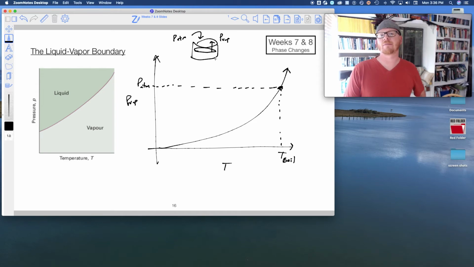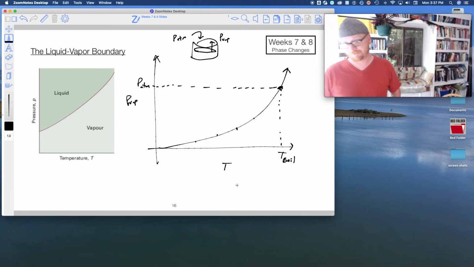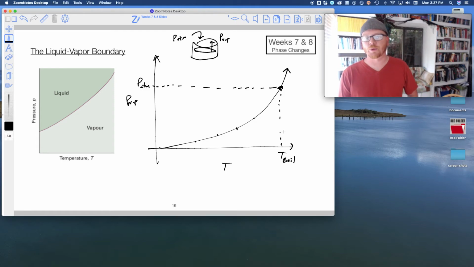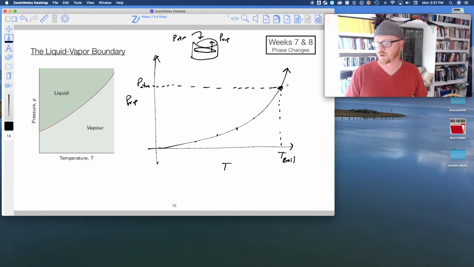But what about when the vapor pressure is not equal to the atmospheric pressure? Well, that means that the temperature must be less than the boiling temperature. And thus, any one of these data points, let's say, would give us the vapor pressure of that liquid. All right? And so, of course, this also predicts that as you increase the pressure over a liquid, you increase the temperature required to boil it.